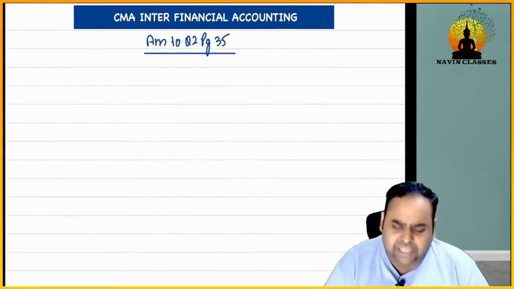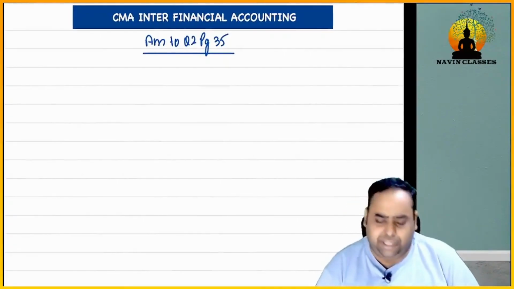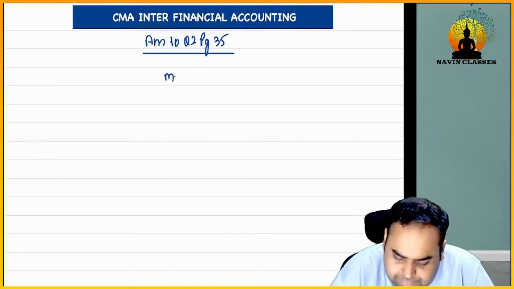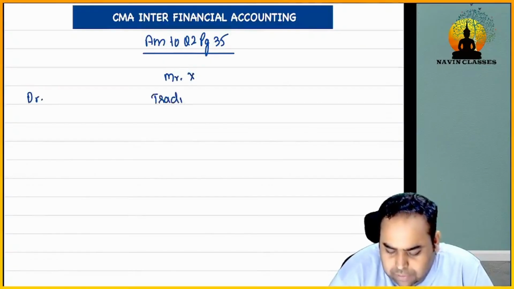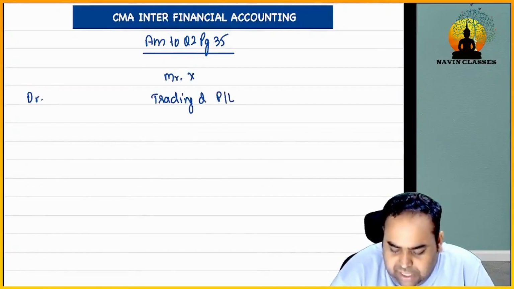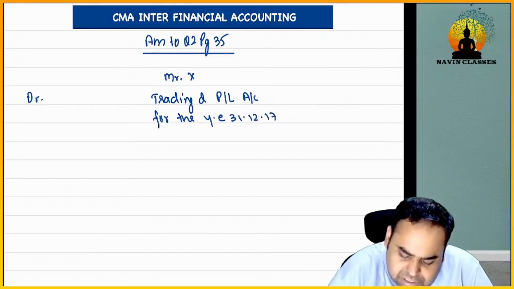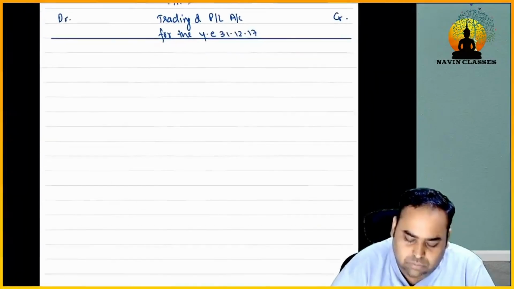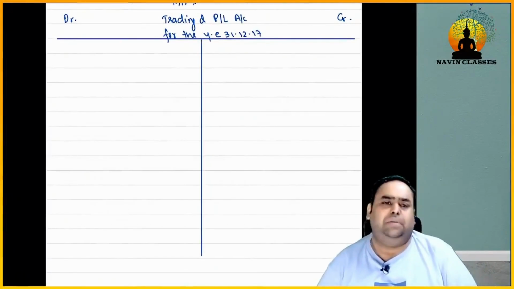And you don't need to read the entire question in single entry, because even if you read it, you have to start doing it. Tell me whose name is given. It is Mr. X. Trading and PL account for the year ended 31st December 17.